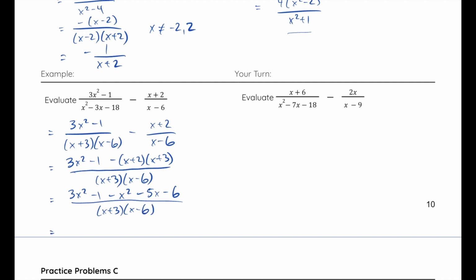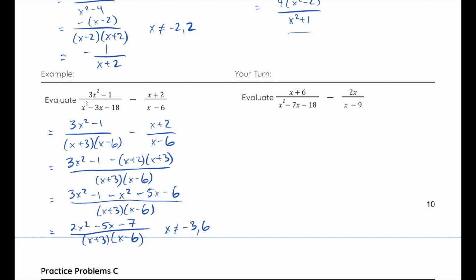And I would collect the like terms together to end up with 2x squared minus 5x minus 7 all over x plus 3 times x minus 6, with my excluded values being x cannot be negative 3 or 6.